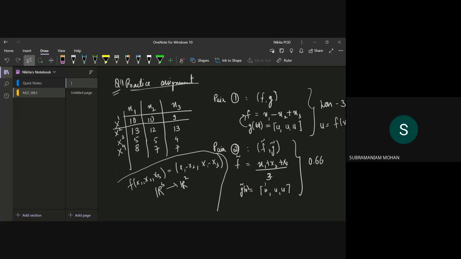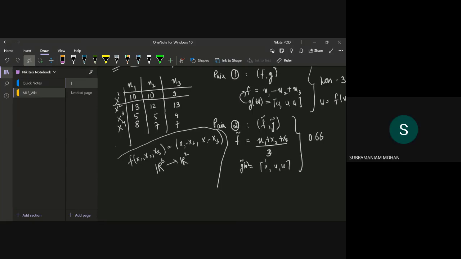After decoding it, how are we going to get the error? You decode it, right? Now, how do you define the error? You define the error to be 1 by n, sigma i equal to 1 to n, of g of f of xi minus xi, and you take the square.